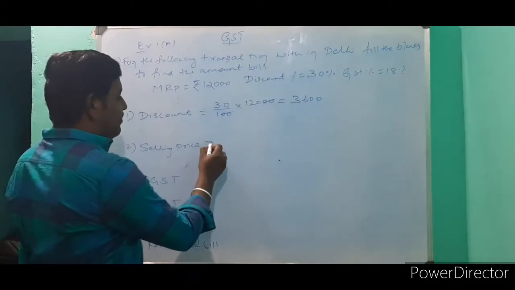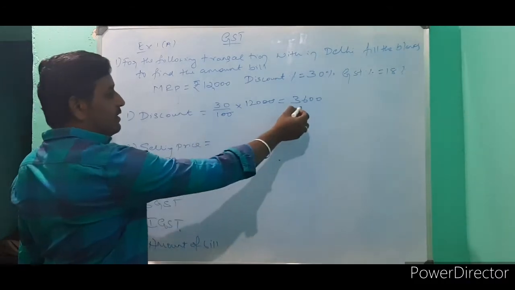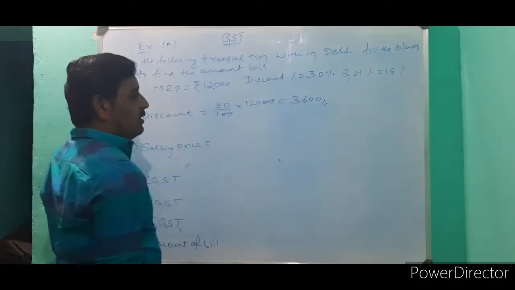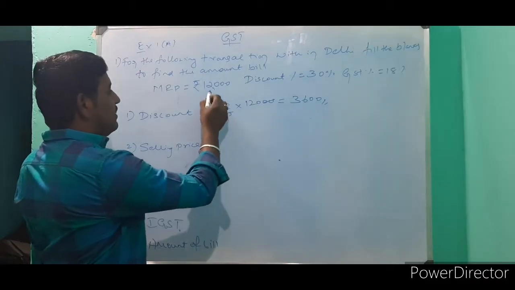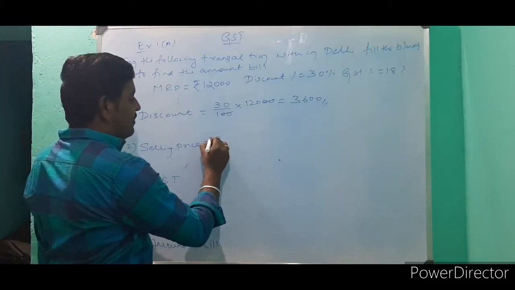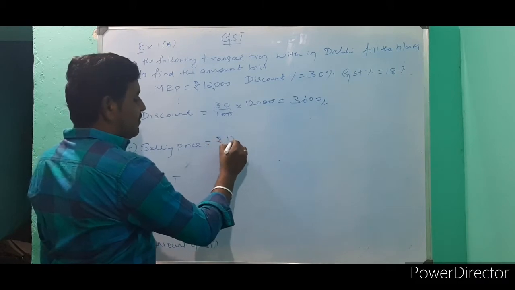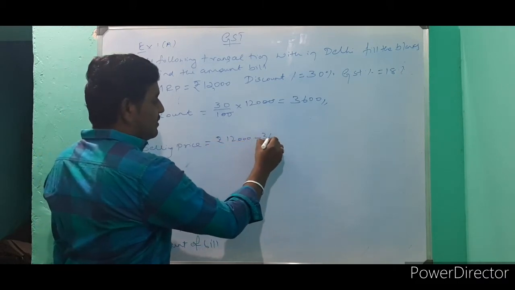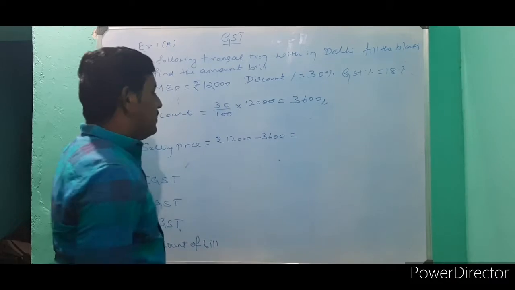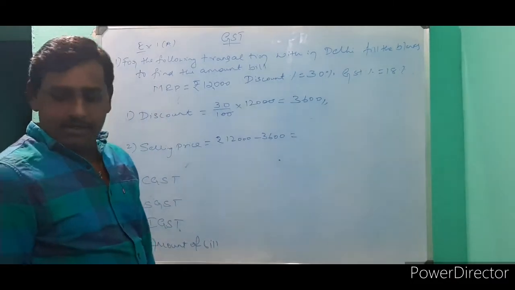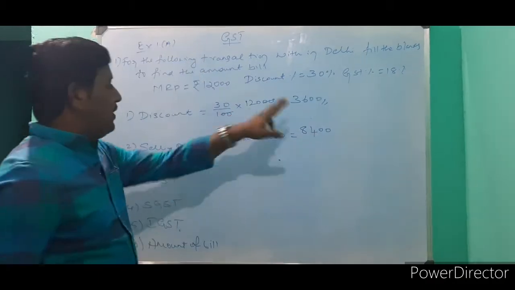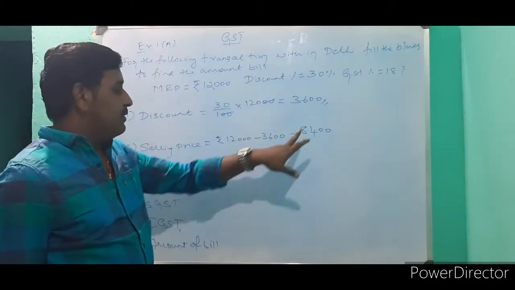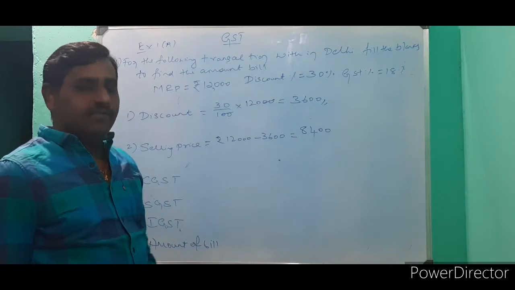If you want the selling price after discount, it is MRP, rupees 12,000 minus 3,600, that is 8,400. From MRP you subtract the discount value, then you will get the selling price.